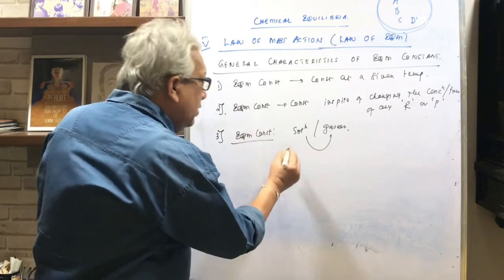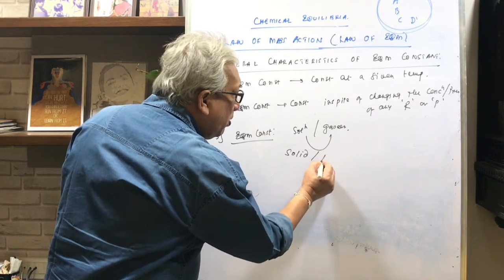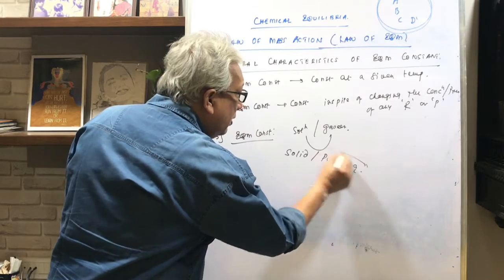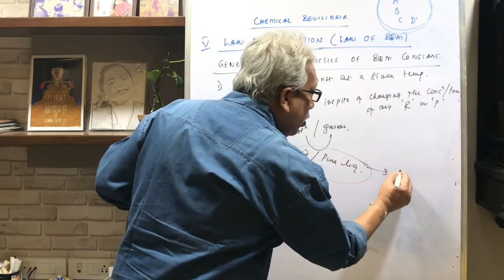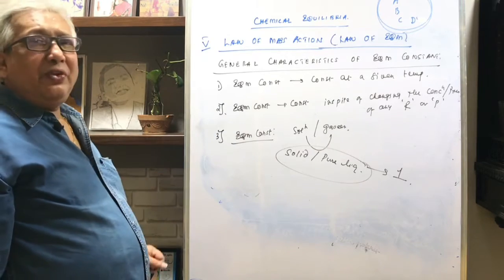But if anything is present in the form of a solid or a pure liquid, then their values will be taken as 1. They will not contribute to the value of Kc.